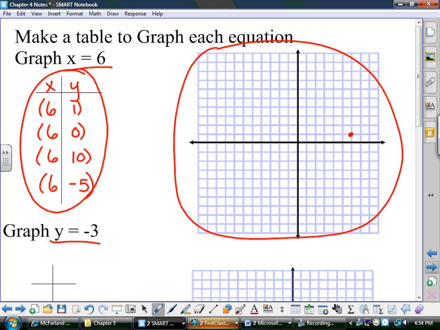If I connect all of those points, I see that they all lie in a straight vertical line. Whenever you have an x equals a number equation, that is always going to be a vertical line.